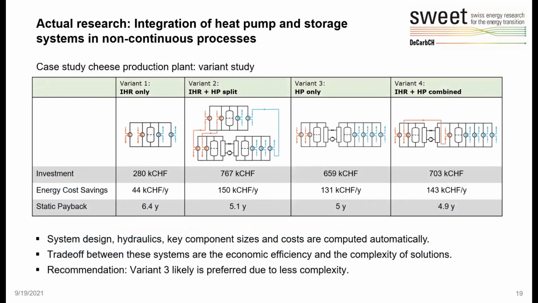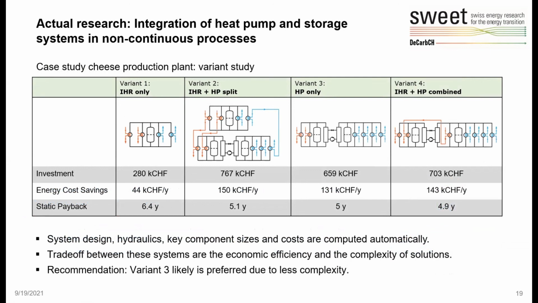Now on this slide, there were several other variants, and we see the main variants found during the optimization technique. Conveniently, the system design, as well as the hydraulics, the key component sizes and costs are computed automatically. This allows a convenient display of profitability and complexity of each variant to be compared.